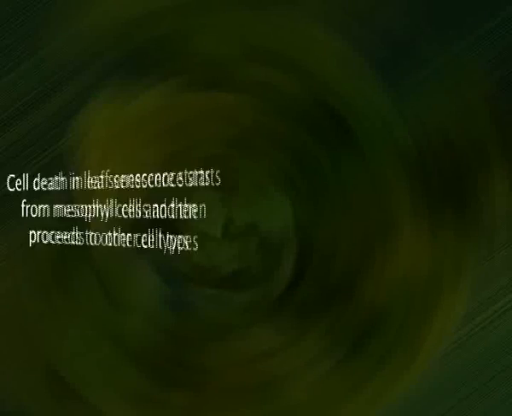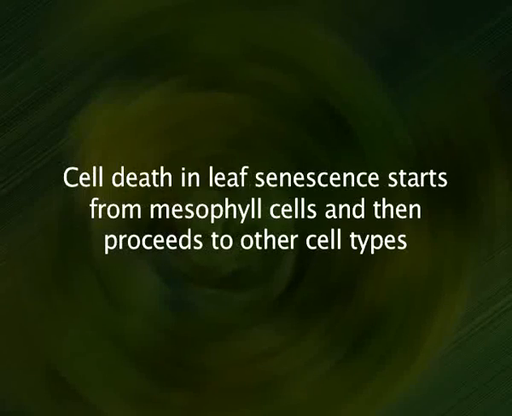The cell death occurring in leaf senescence is thus a type of PCD. Cell death in leaf senescence starts from mesophyll cells and then proceeds to other cell types. It also appears that cell death does not occur coherently but starts with local patches of early dying cells and then propagates to the whole leaf area.